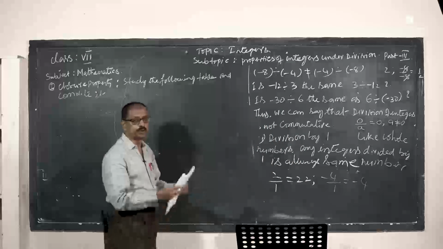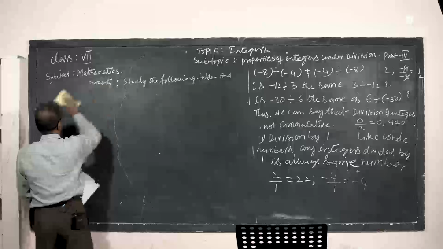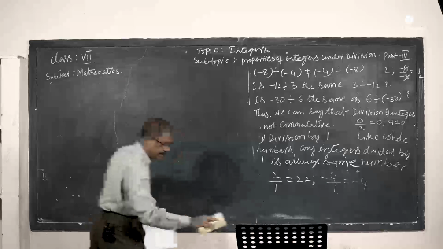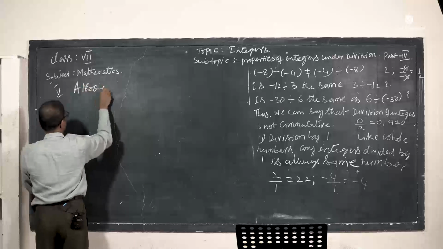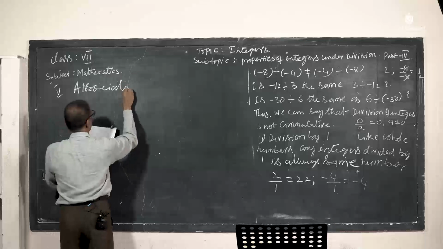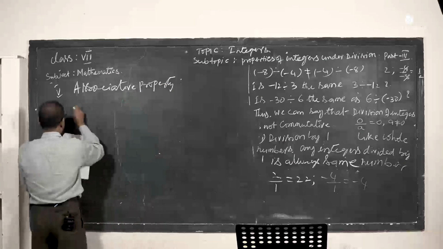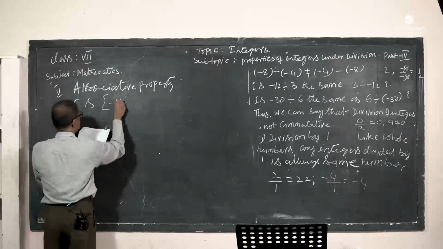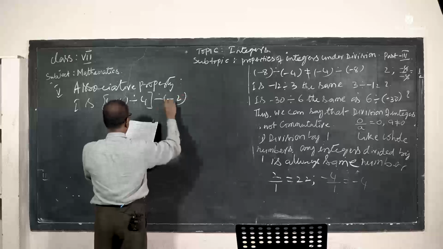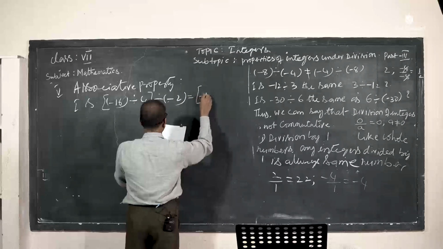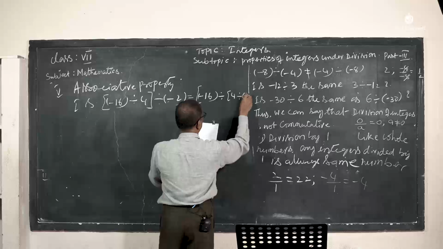Now next we'll go to the associative property. By example, minus 16 divided by 4, divided by minus 2, is this equal to minus 16 divided by the quantity 4 divided by minus 2?